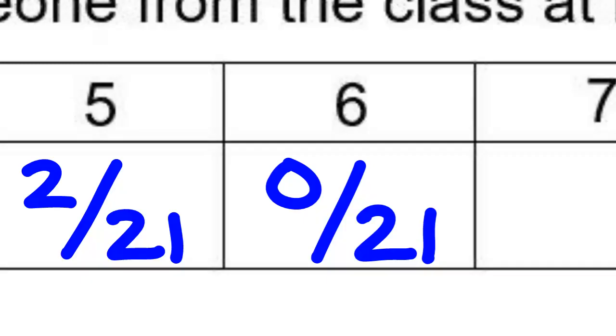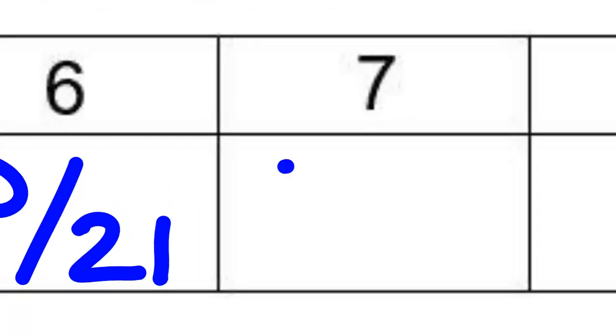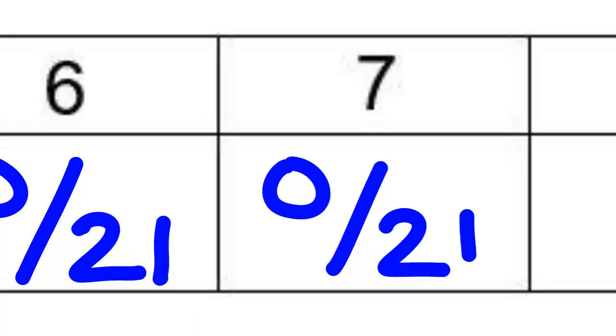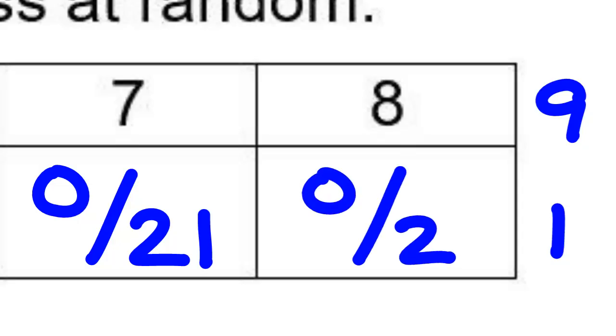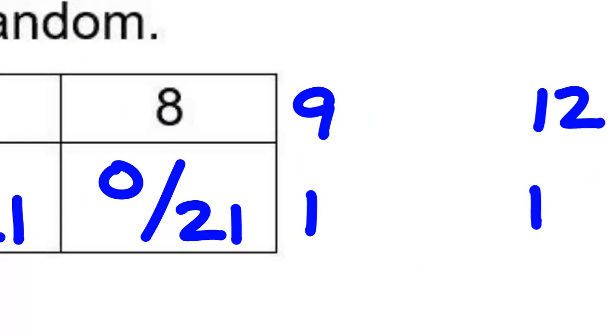Same thing as 0 out of 21. 7: 0 out of 21. 8: 0 out of 21. 9: 1 out of 21.